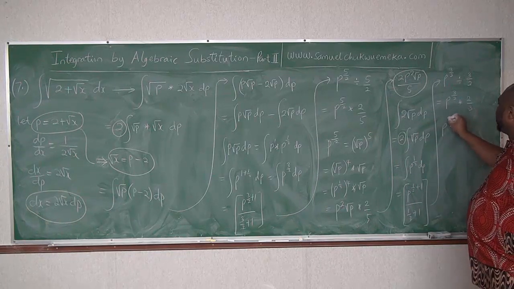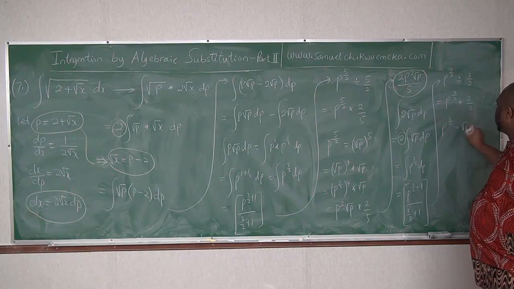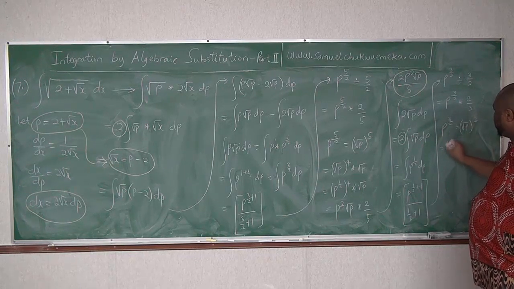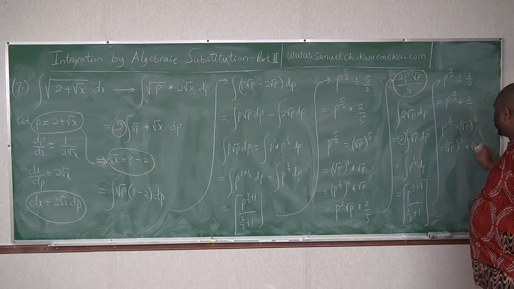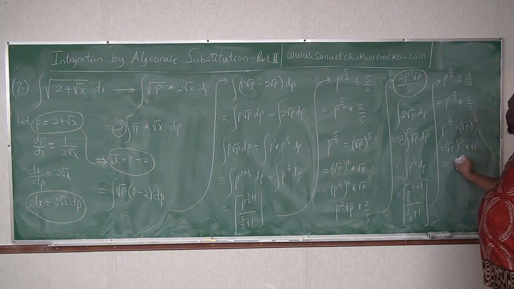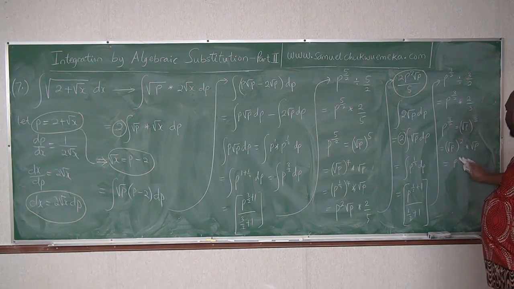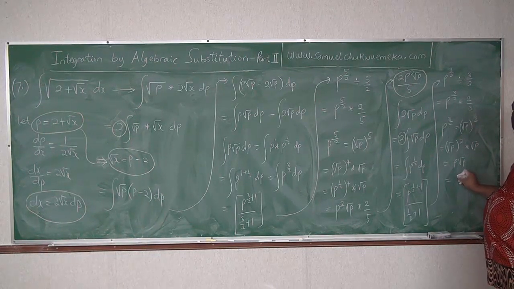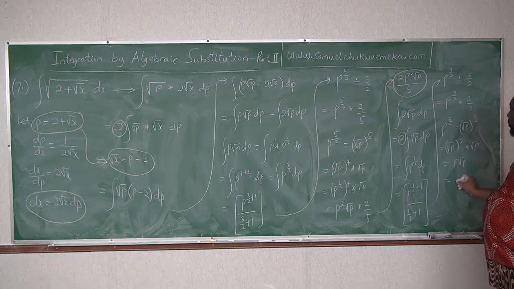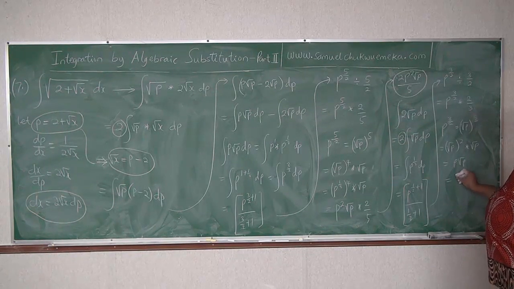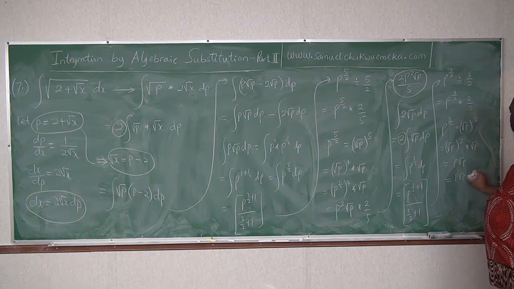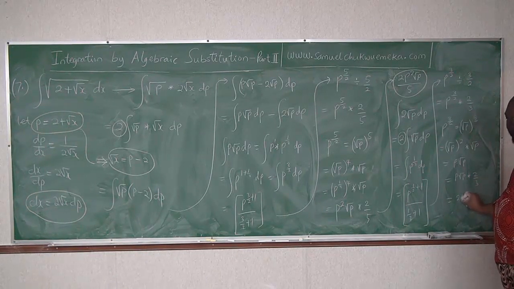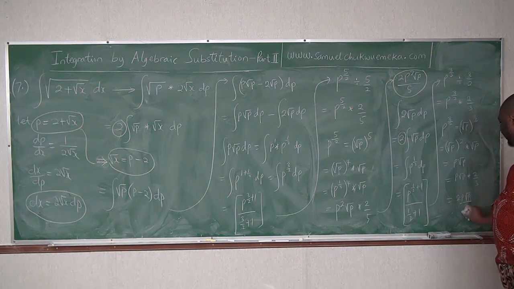So p exponent 3 over 2 means square root of p all cubed, which is square root of p squared times square root of p, which is p root p. So this will now give us times 2 over 3, okay? So p root p times 2 over 3 gives us 2p root p over 3.